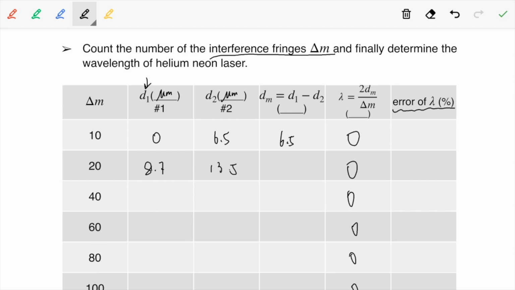Use your lambda minus the lambda in the experiment, which is the lambda accepted, 632.8 nanometers, divided by yours, and then times 100%. Then you get the error of the lambda.